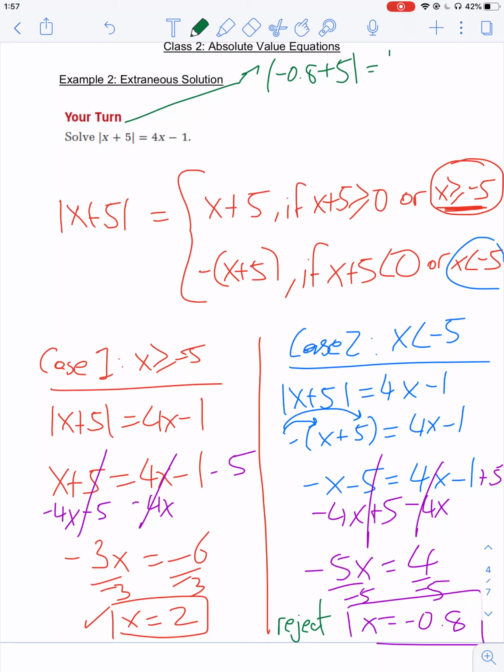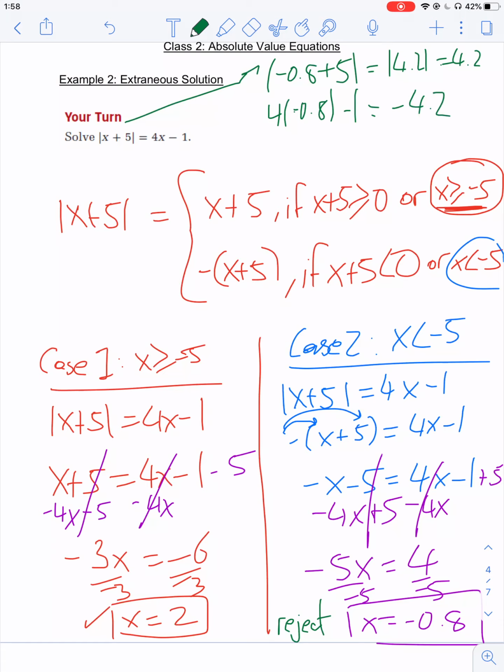And the absolute value of that will just be 4.2, okay? Now, if I multiply 4 by minus 0.8, and then I subtract 1 from it, so 4 times negative 0.8, and then minus 1, gives me minus 4.2, okay?